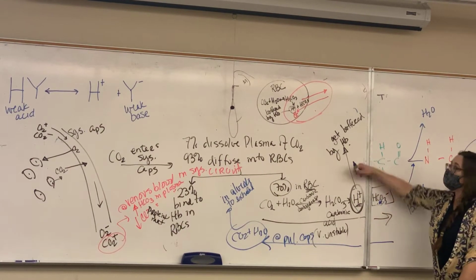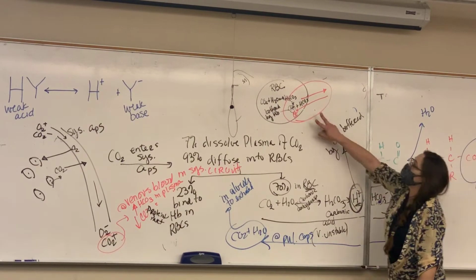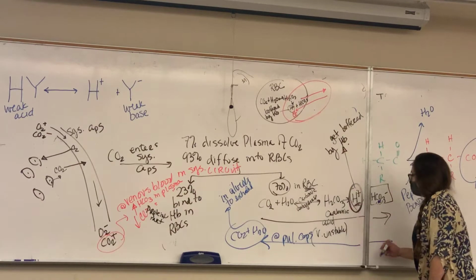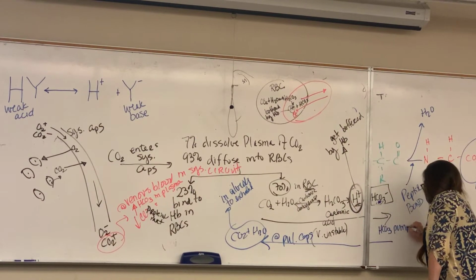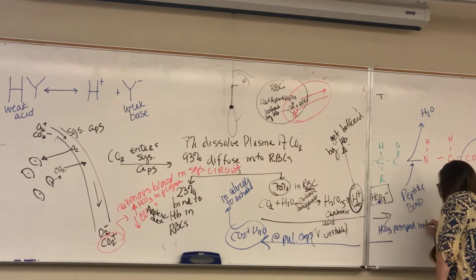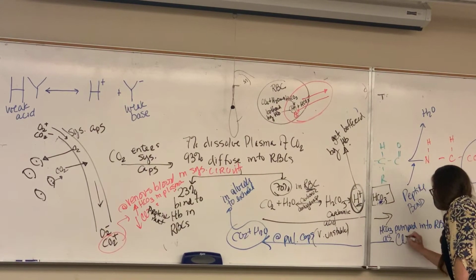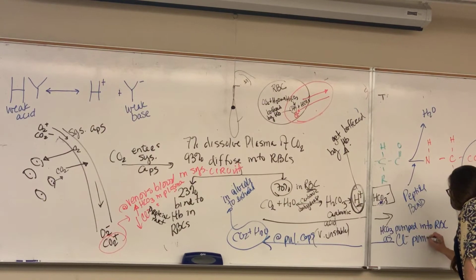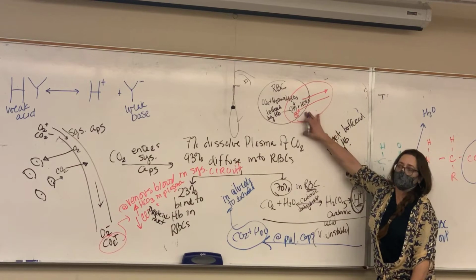That bicarb we pumped out. So at the pulmonary capillaries, you see this go in reverse. Bicarb gets pumped into the red blood cell as chloride gets pumped out. You see the exact opposite happen here.